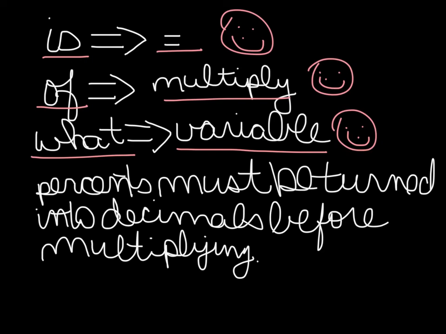Percents have to be turned into decimals before you can multiply. So, for example, you might have 23%. 23% means 23 per hundred, and that decimal is 23 hundredths, 0.23. Now remember, you can also go back the other direction.